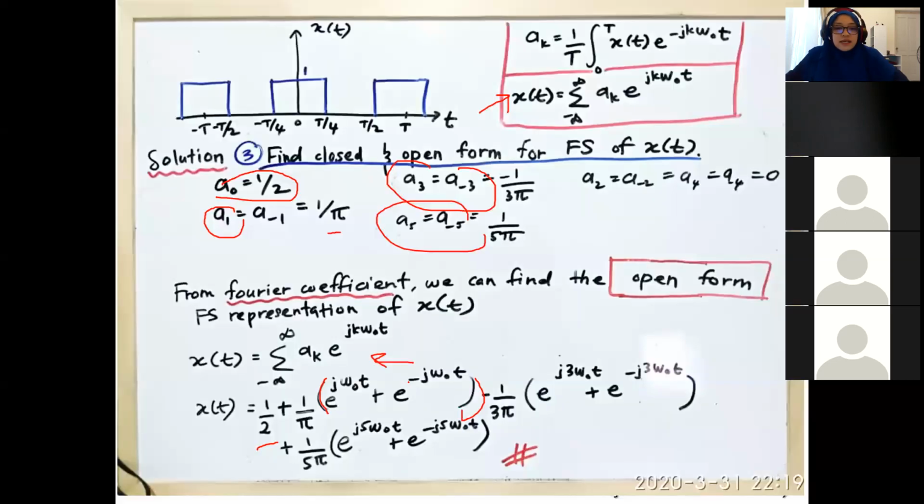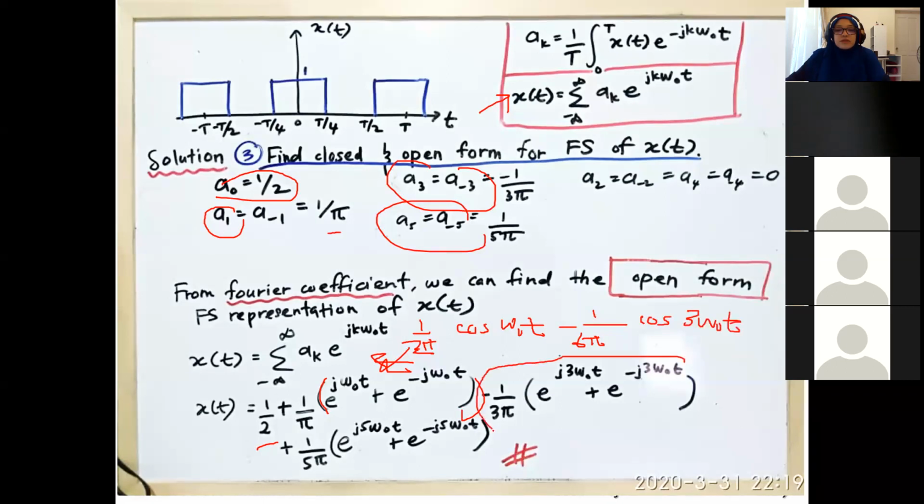If you write out this equation, I didn't finish this equation, you can write it out as 1 over 2π cos ωt for this one, and then minus 1 over 6π cos 3ωt, which is representing this.